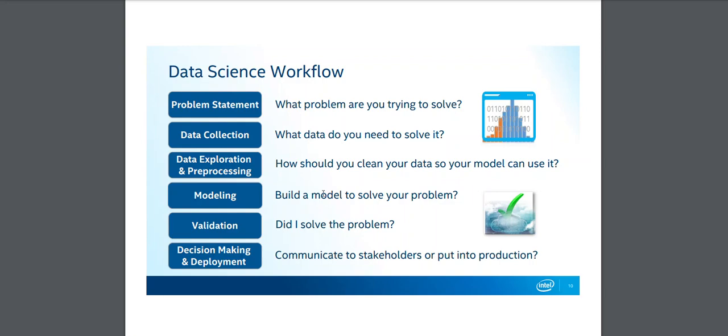In the k-nearest neighbors model, if I'm trying to figure out what class an object is in, I look at the objects around it, and k is a variable, I can change it.